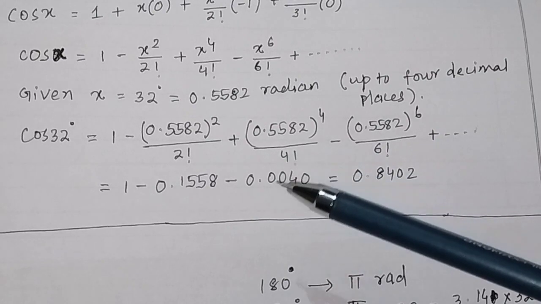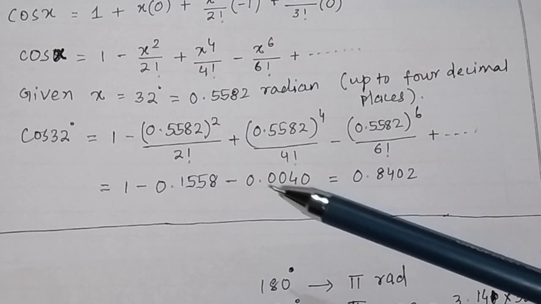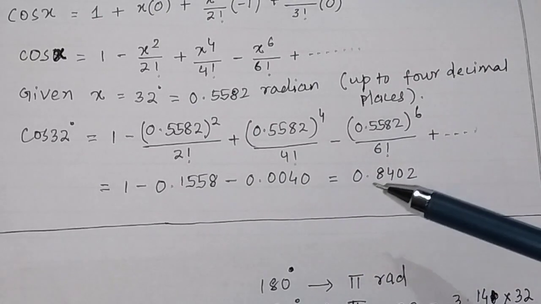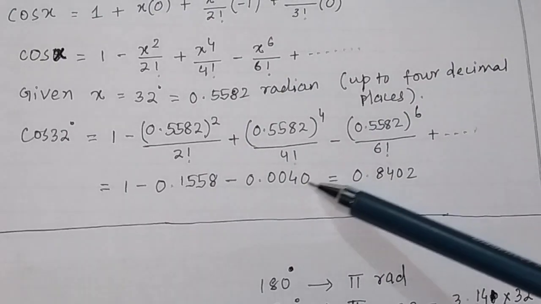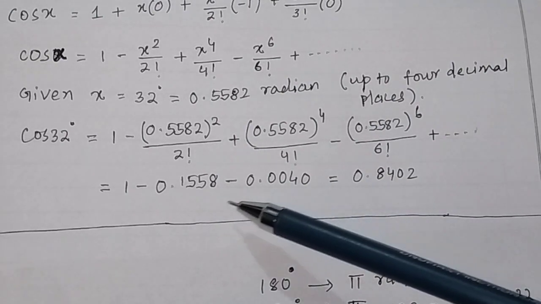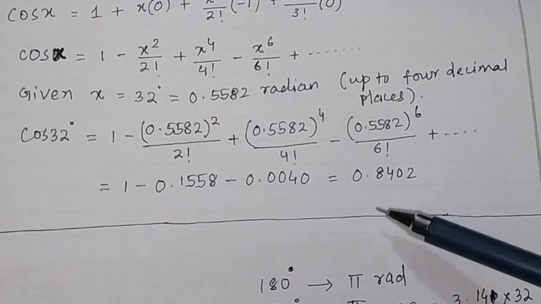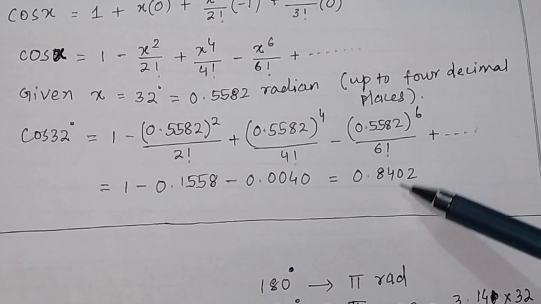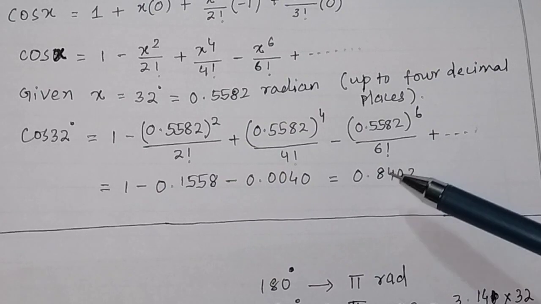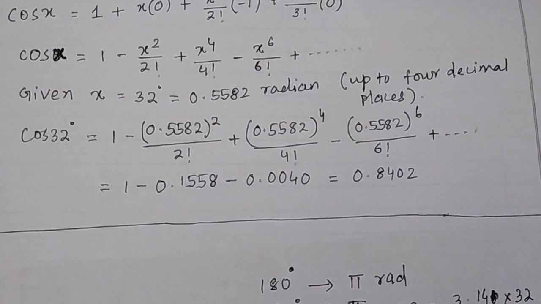If you divide by 24, then this will be your result. So the final result will be equal to 0.8402. So this is the value of cos 32 degree up to 4 decimal places, and we have found out the value by using Taylor series. Thank you.